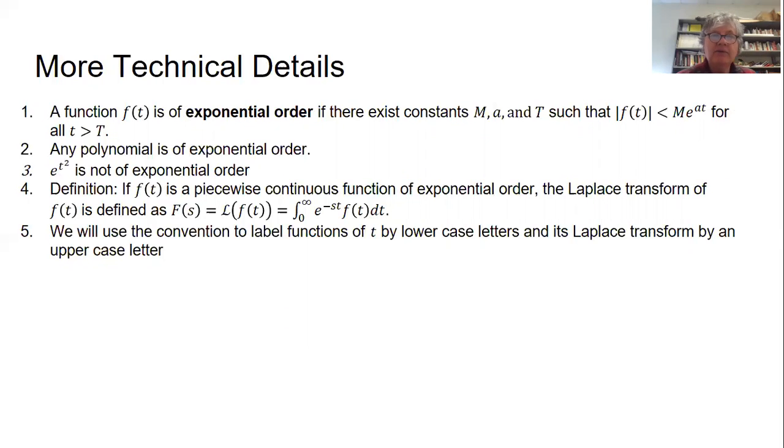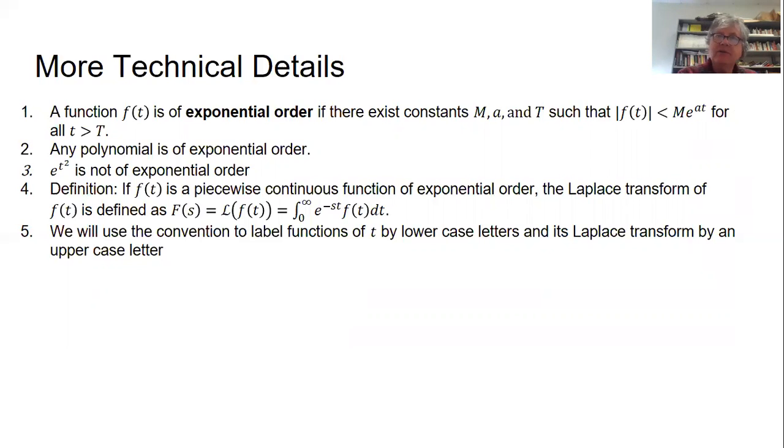The other technical definition we need is the idea of exponential order. So a function is of exponential order if there exist constants M, a, and T such that we can bound that function by an exponential function, M e to the at, for all t past some point.